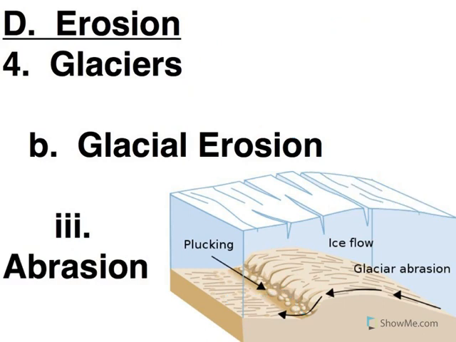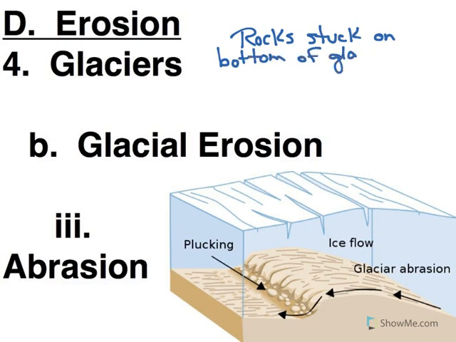Abrasion is kind of the result of the plucking, because now we have rocks stuck at the bottom of the glacier. Essentially it acts like sandpaper on the ground.